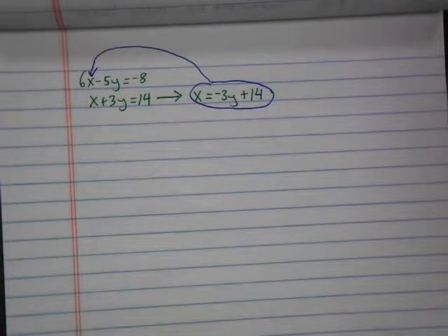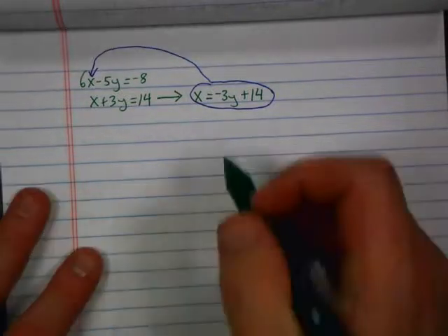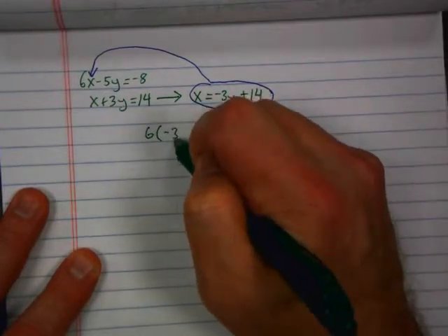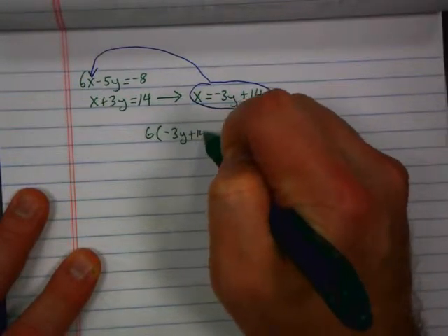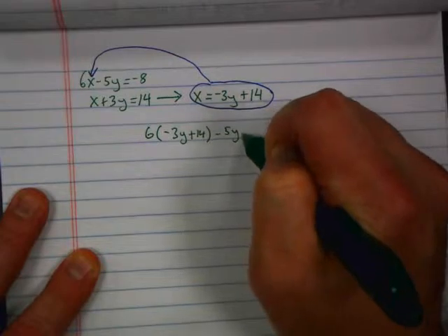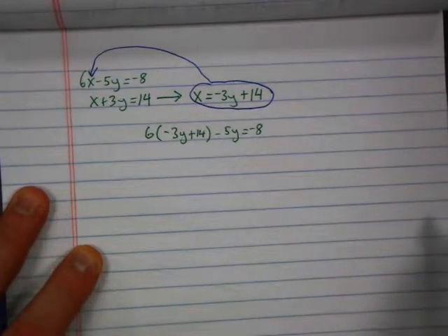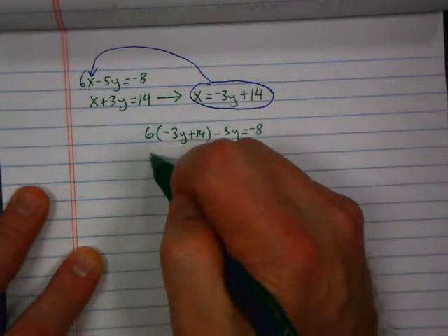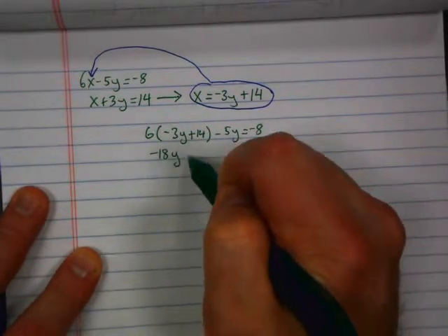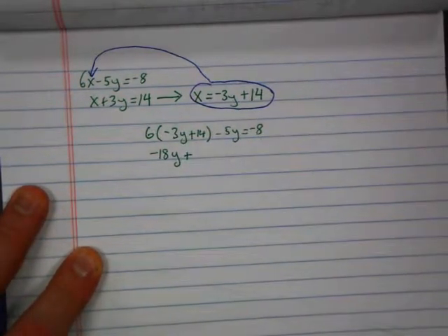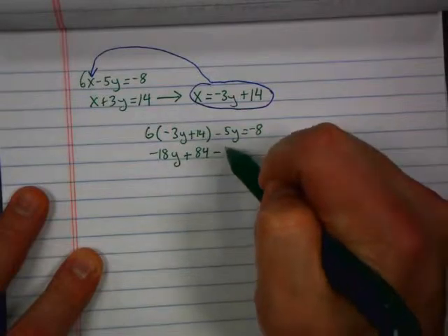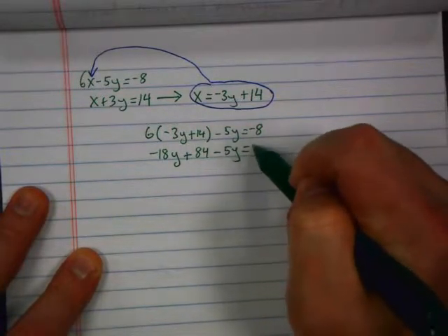So we have 6 times minus 3y plus 14, minus 5y is -8. And then we simplify to solve. 6 times -3 is -18y, plus 6 times 14, 84, minus 5y equals -8.